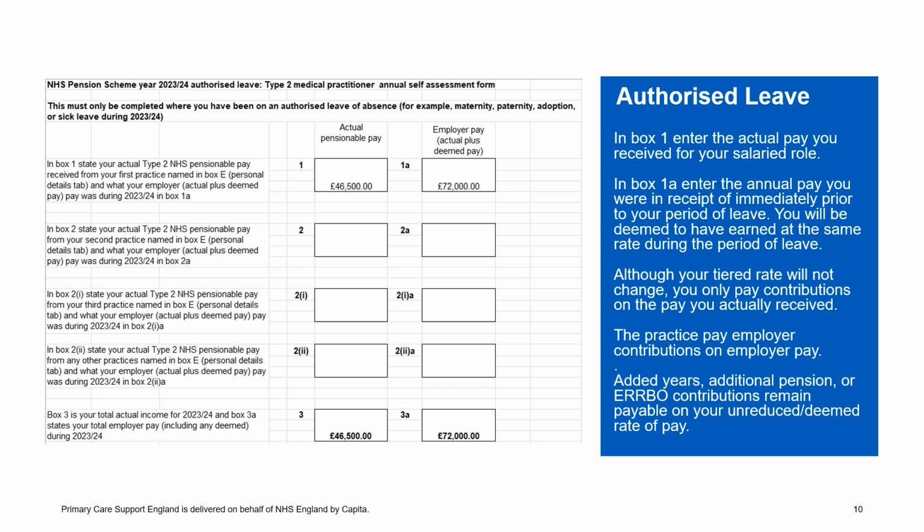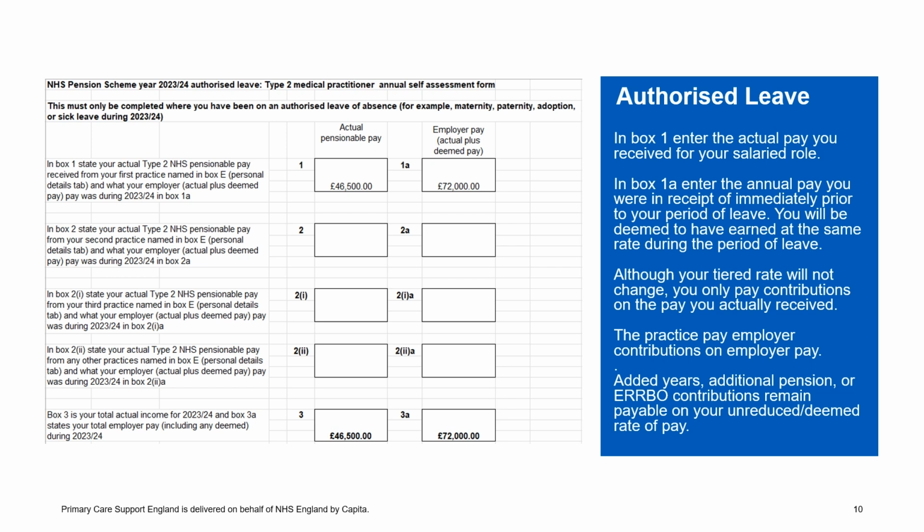So in box 1, you enter the actual pay you received for the salaried role in the year, and then in box 1A you enter the annual pay that you were in receipt of immediately before the period of leave started. If you have multiple salaried roles in the year, then you need to declare each of them on a separate row. The box numbers are a little bit confusing because they don't directly correlate with the previous page, but you just complete a separate row for each of your salaried roles, and then they will total at the bottom if you've had more than one.